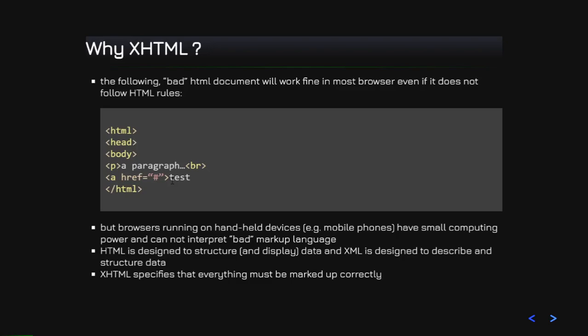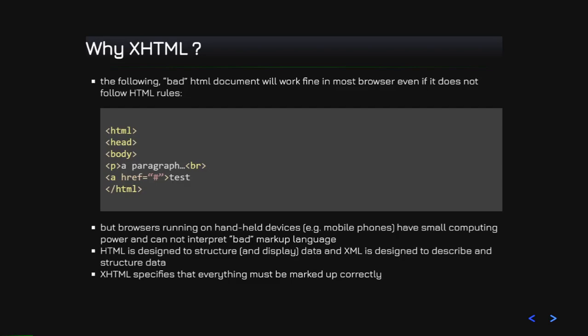The HTML language is designed to structure and display data, but XML is designed to describe and structure data. So XML is more powerful than HTML because besides structuring the data, it is also able to describe the data.